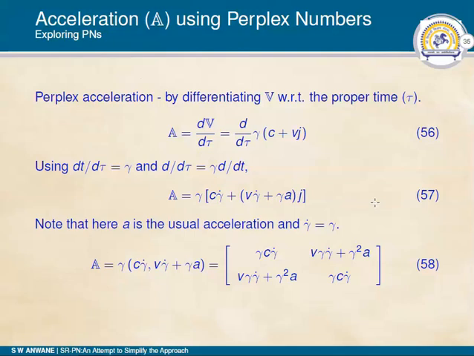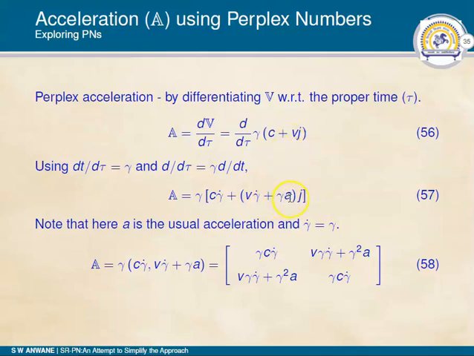Now the same chain rule we are going to explore again here. If you try to differentiate gamma with respect to tau, we obtain gamma dot, and A is equal to gamma multiplied by, inside the bracket, c gamma dot plus, for the second term, we have to operate the chain rule d by d tau of gamma into v: the derivative of the first into the second quantity plus the first quantity into the derivative of the second.